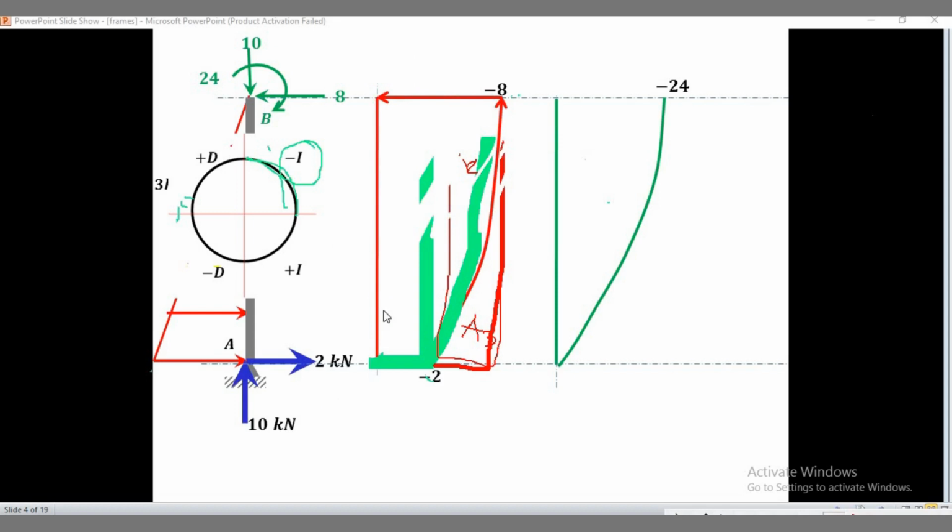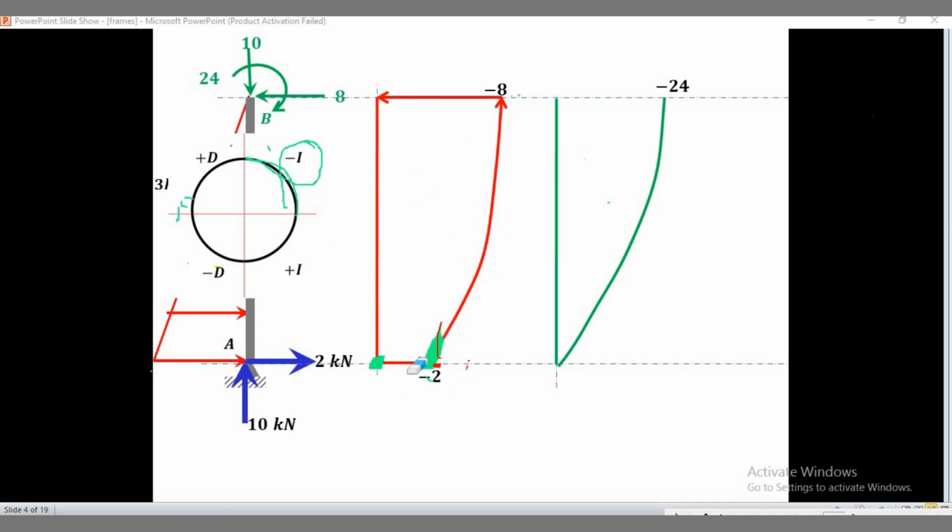Since simple lang naman itong problem na to, I don't have to go over that procedure. Kasi this is simply supported beam. So, hindi ko na pahihirapan yung sarili ko. Diretso na ako dito. Paano ko nakuha kasi 24? Look at this one.